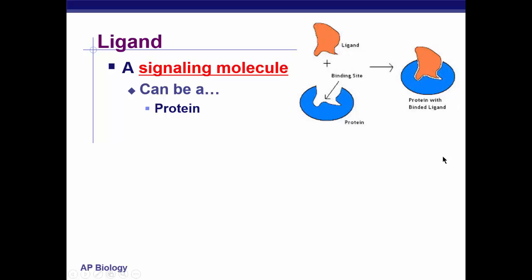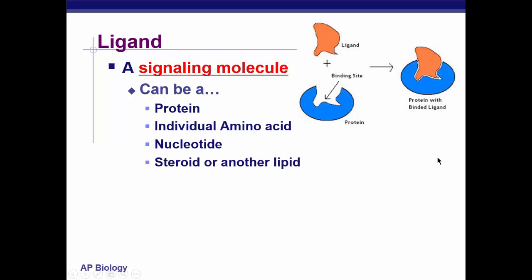Okay, but ligands don't just have to be proteins. They can be just an individual amino acid. They can be a nucleotide. They can be a steroid or another lipid, or they can be even a dissolved gas. Right? Any of those can send a message to a cell through a receptor protein.